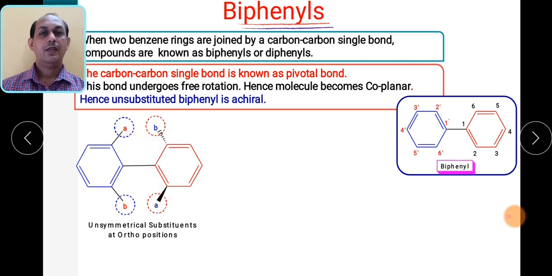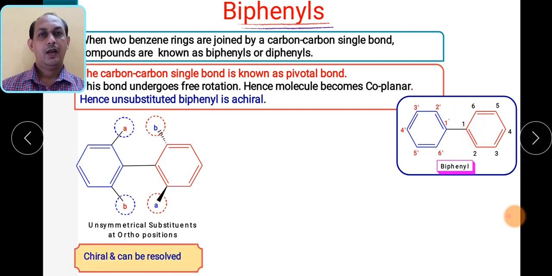So when you have the unsymmetrical substituent present at ortho position, this one and this one and this one and this one, this compound will show chiral nature, or they will exhibit the optical activity and they can be easily resolved. Okay, this need to be understood.